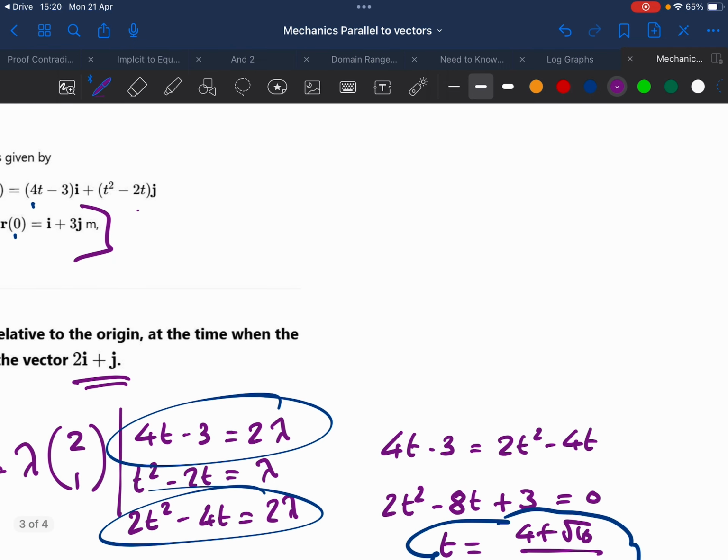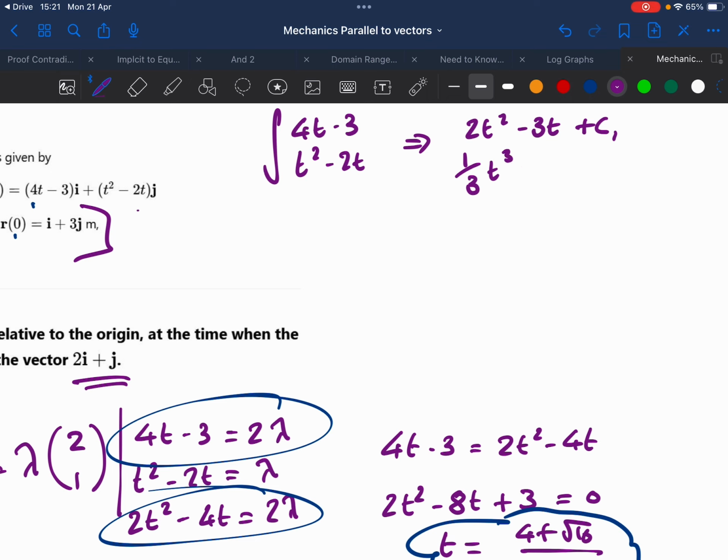So let's integrate 4t minus 3 and t squared minus 2t, which is going to give us 2t squared minus 3t plus a c value. And over here, this is going to be 1/3 t cubed minus t squared plus its c value.